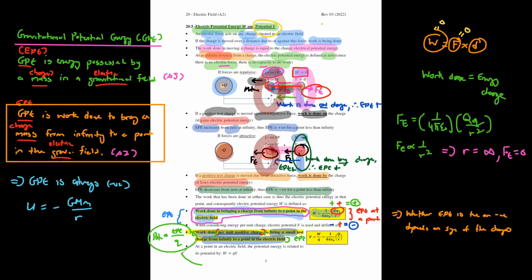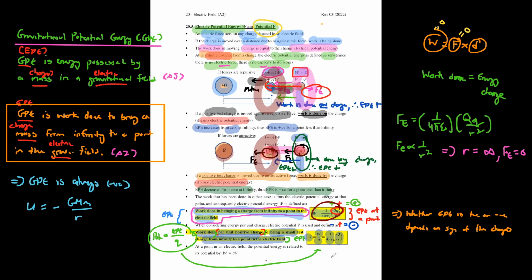That's why in terms of the equation, electric potential V would be EPE divided by the positive charge. So you will get 1 over 4 pi epsilon naught Q over R. If you sub this one at the top into here, you will notice that the small q will cancel each other off.